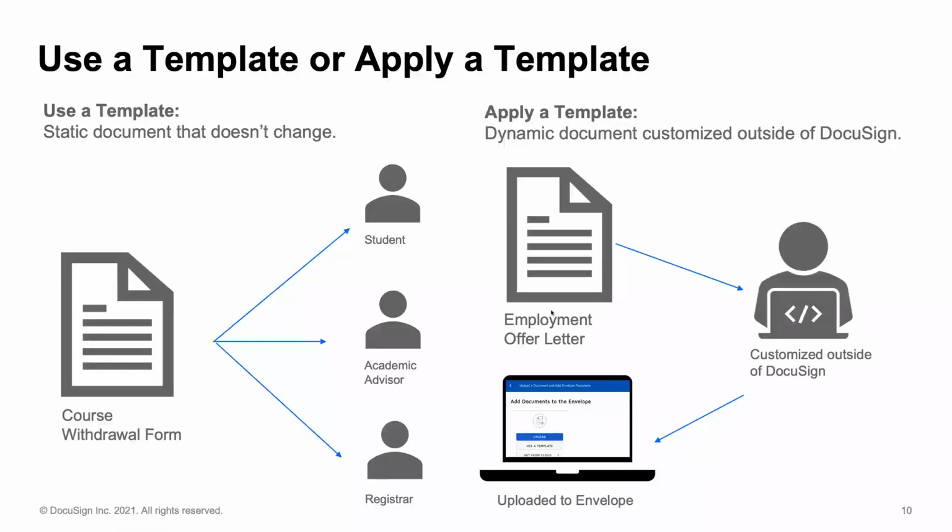So in this case, we could customize the offer letter outside of DocuSign, plug in all of those details, then upload the offer letter document into an envelope and apply a template. When you apply a template, you're applying the template's structure onto that customized version of the document. So that way things like the recipient workflow, the fields, and the messaging are all going to be applied.